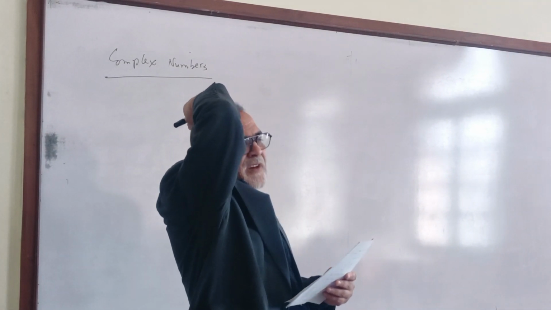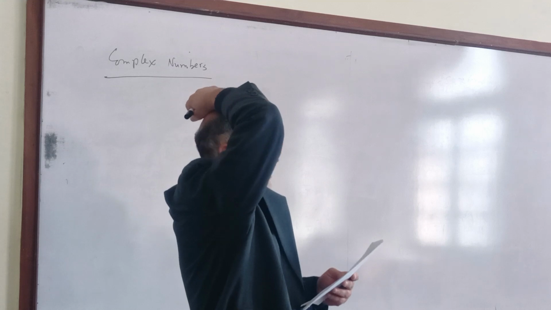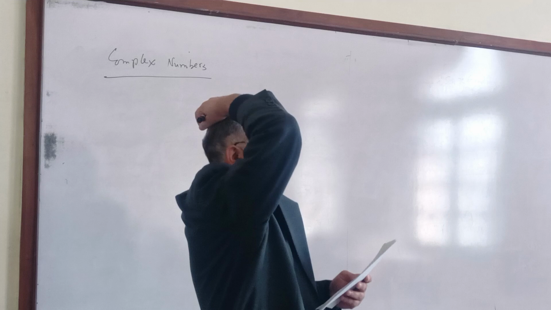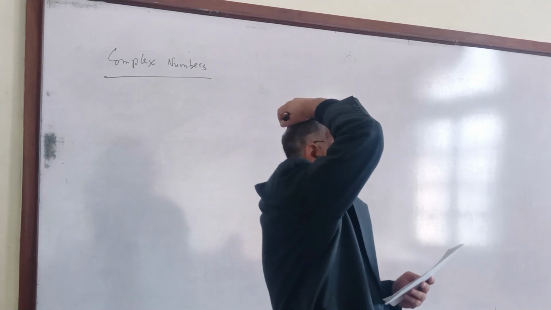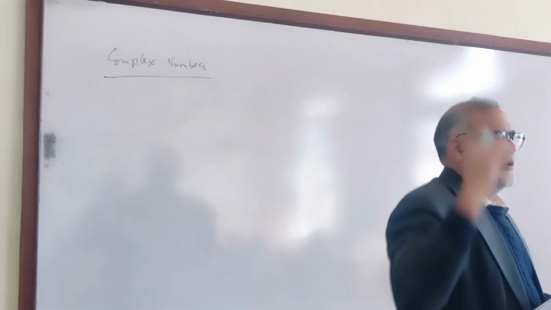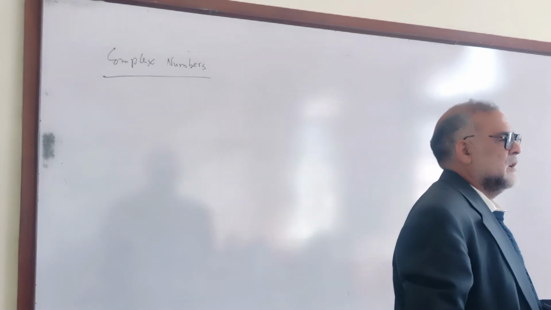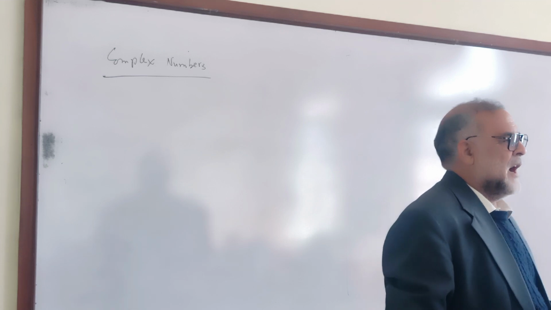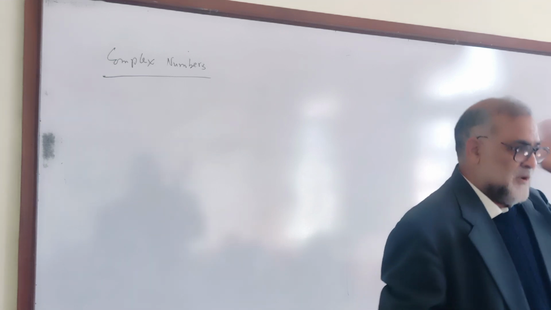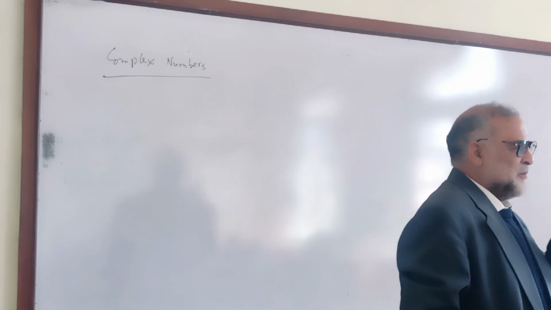Complex numbers. You remember it very well. Complex numbers are an ordered pair of two numbers.